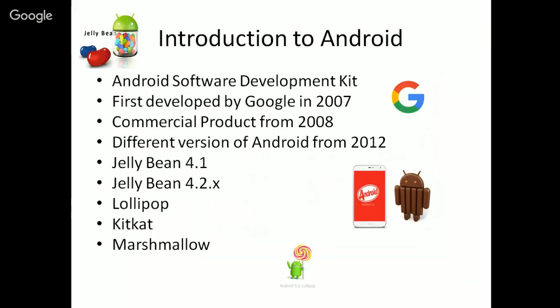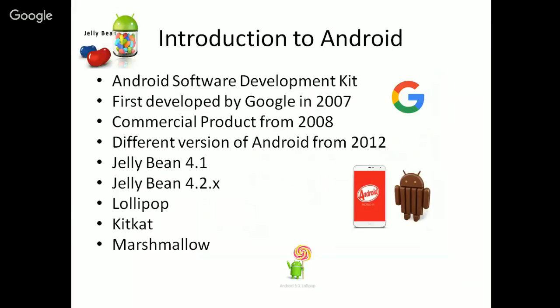Android has its own environment in order to develop such applications. We need to use the Android software development kit. It was first developed by Google in the year 2007, but the commercial production began in the year 2008.